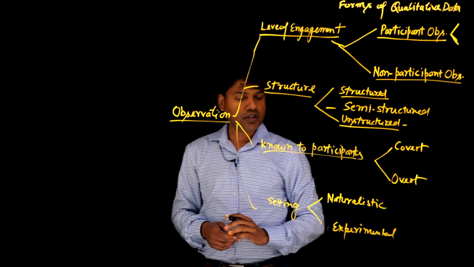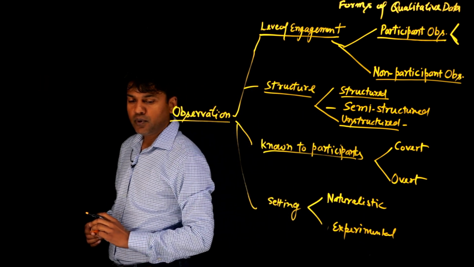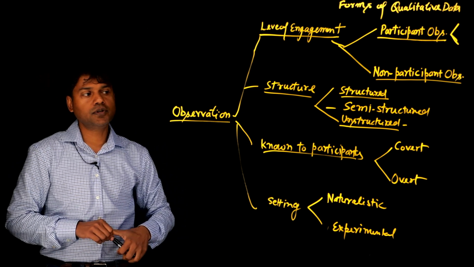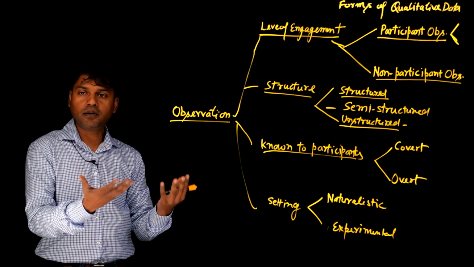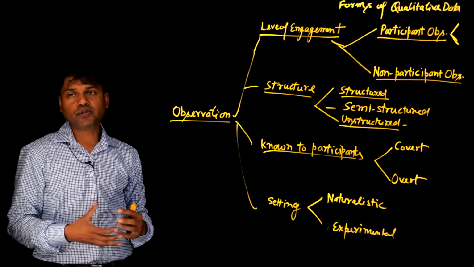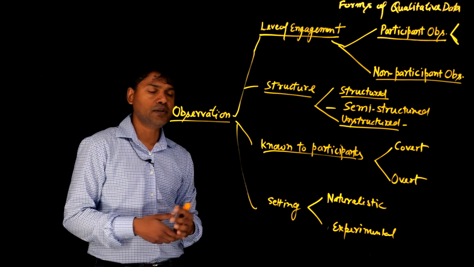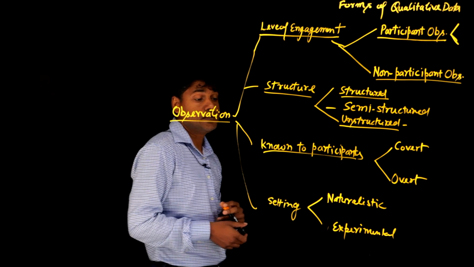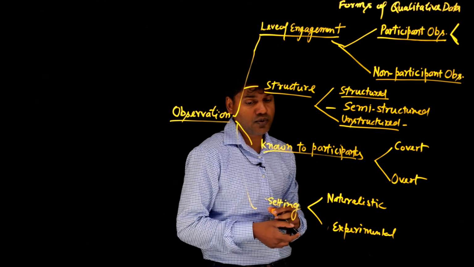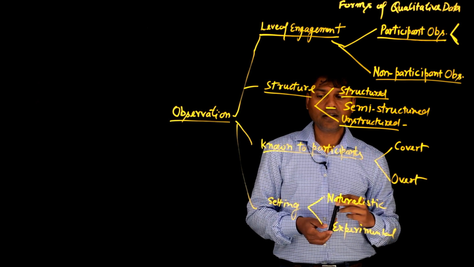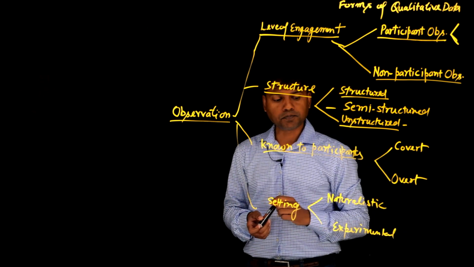So what is naturalistic observation? It is when a researcher observes their research participants in their natural setting. Most of the observations in qualitative research are naturalistic observation, where you observe your participants in their natural setting.